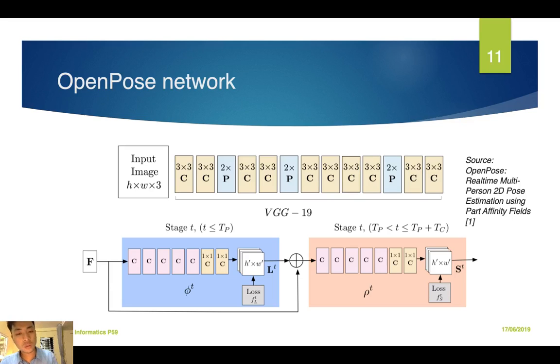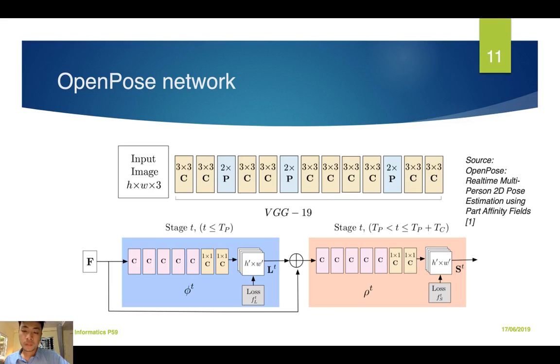The network contains 7 stages. The first one is the first 10 layers of VGG19, which have been well pre-trained and fine-tuned on ImageNet. After that, we have 4 stages to predict the part affinity fields for the image. The last 2 predict the confidence maps for the image as well.